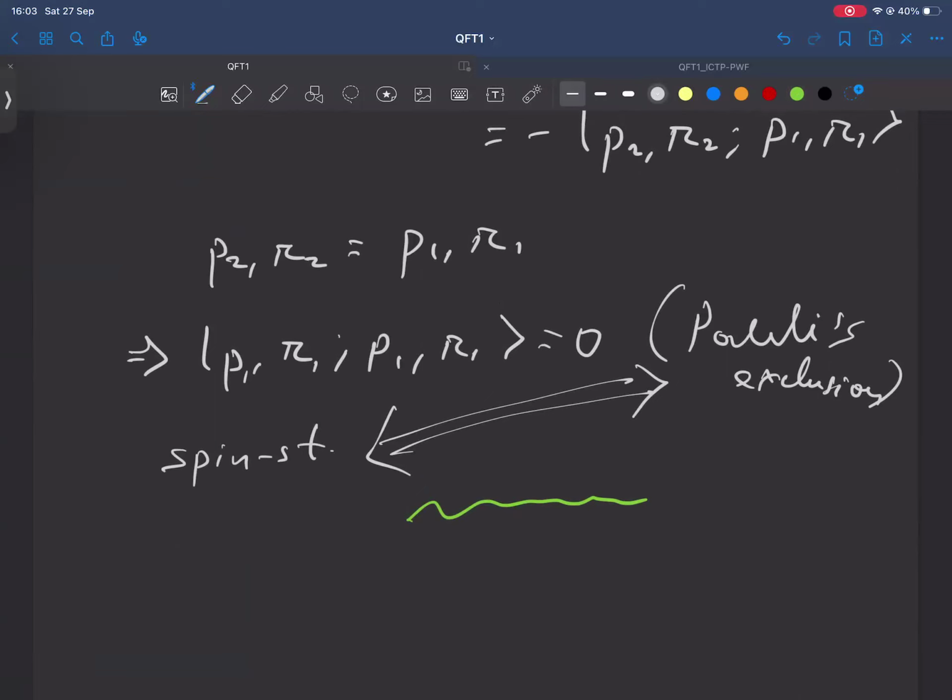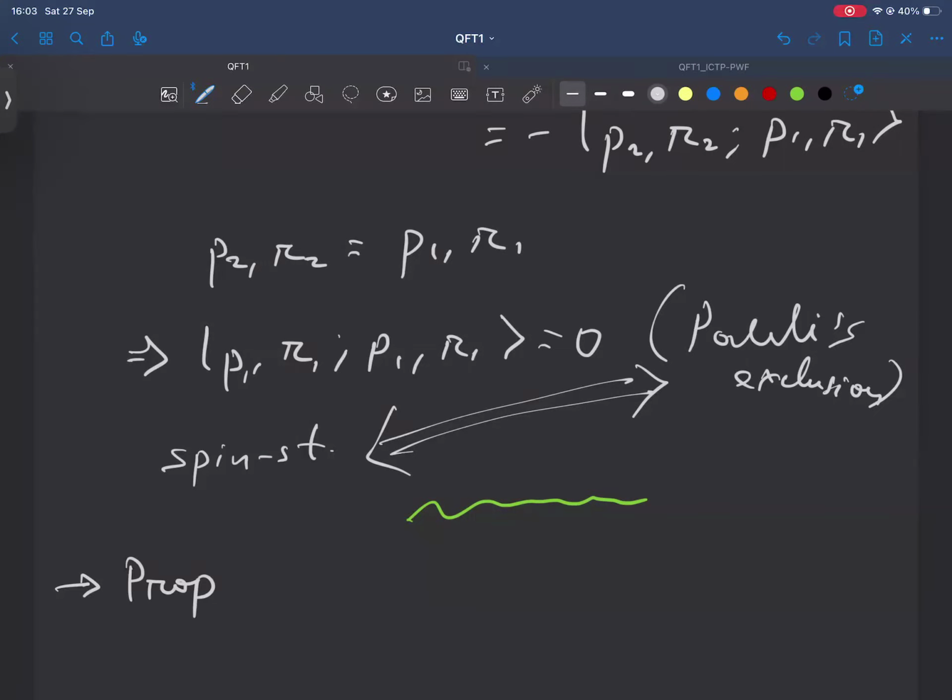Now let's, in the final 30 minutes or so, discuss propagators, because we want to now understand the notion of causality and how things propagate. And that is essential. Why? Because we had defined causality as vanishing of a commutator.